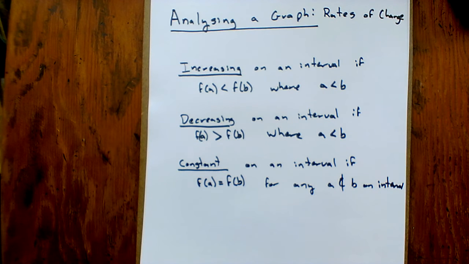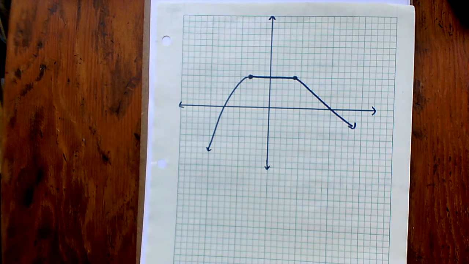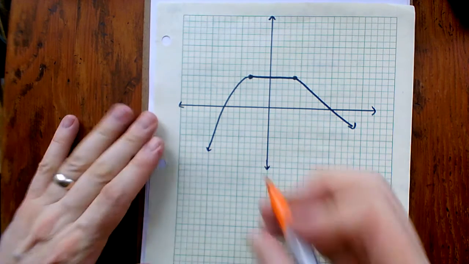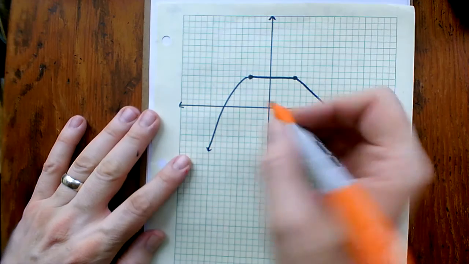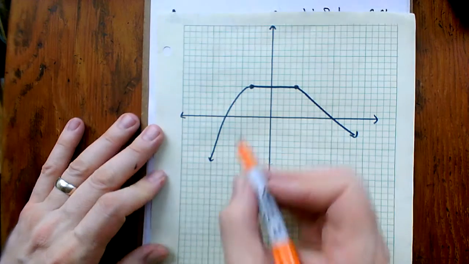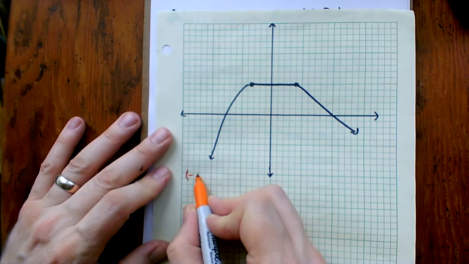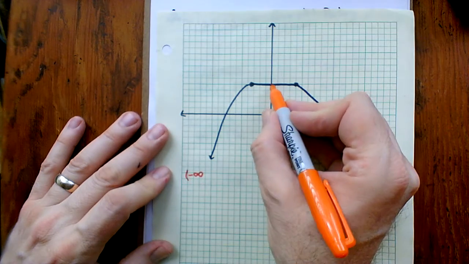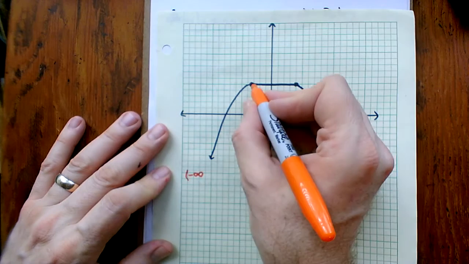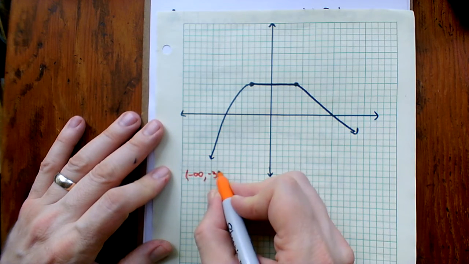Conveniently, we have an example. Here, I could choose any 2 points on this interval here. This interval looks like it goes from negative infinity all the way up to about negative 3.